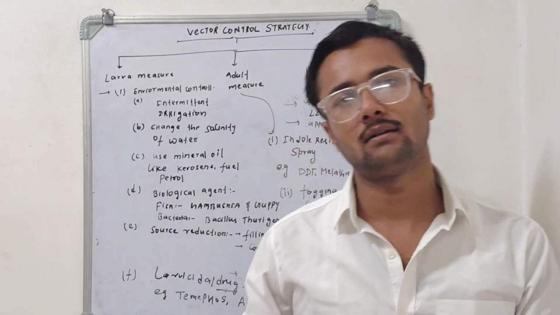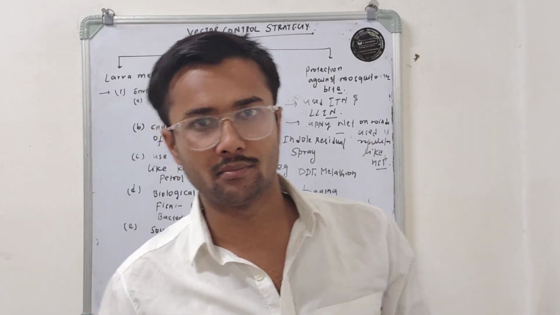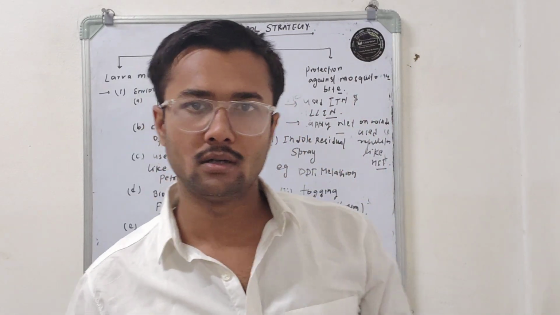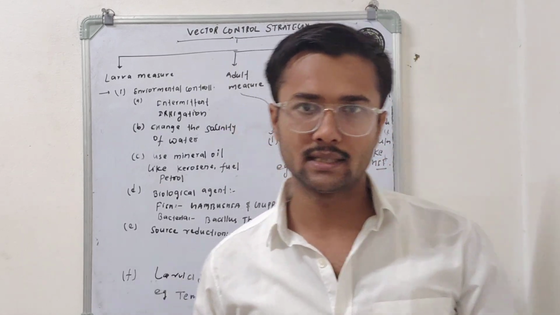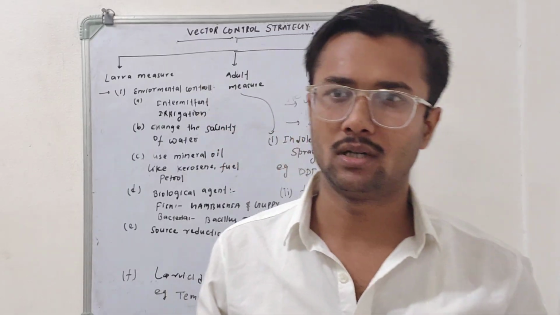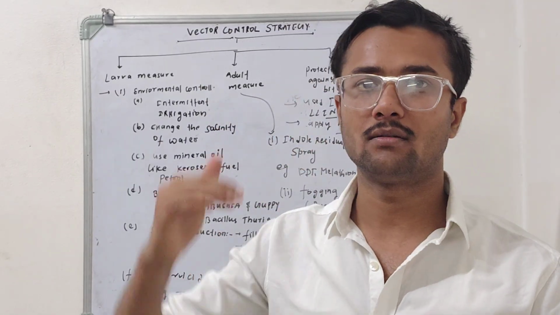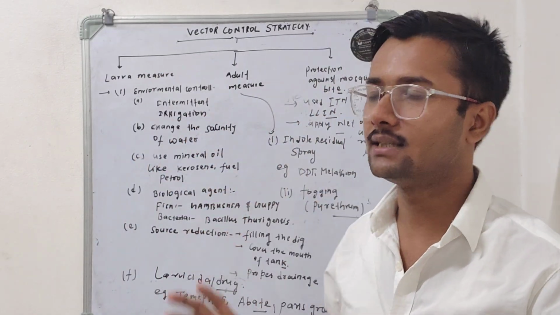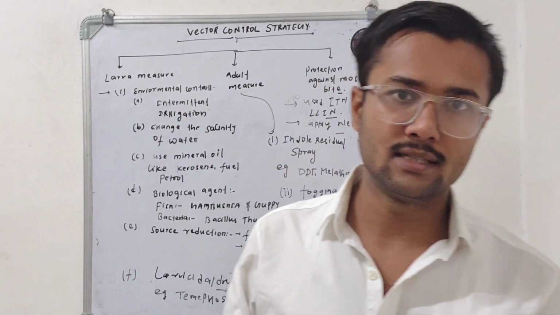One is larva control. I mean, we are using something that destroys or kills the larva of this female Anopheles mosquito. The other thing is that if we fail to kill the larva, we can also use some things that kill the mosquito at the adult level.